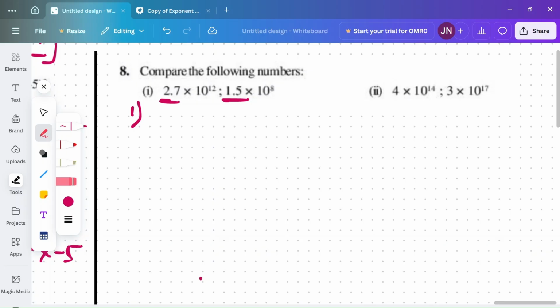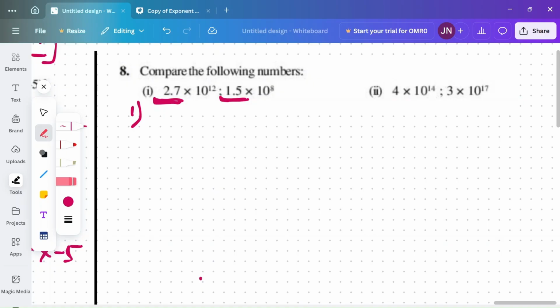In such cases, you don't have to worry about the whole number part, or the part which is being multiplied. You just look at your exponent part. Because 2.7 is greater than 1.5, but these are negligible in comparison to the exponent part.